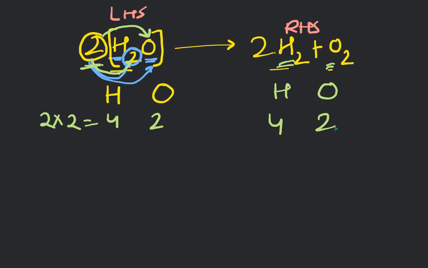Very good. So, can you tell me that the number of hydrogen present over here is equal to the number of hydrogen present over here? The number of oxygen present over here is equal to the number of oxygen present over here. Then it is a balanced equation.